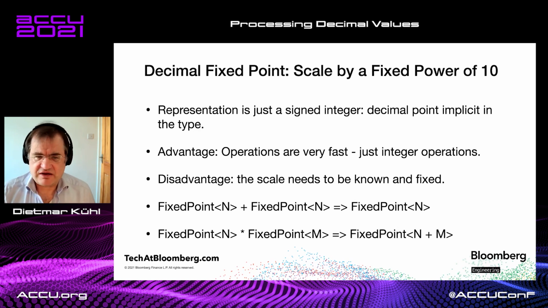becomes quickly an issue. There's a small other thing, and that is if you do computations, if you do multiplications, and you have 2 fixed points and you multiply them, you get a fixed point with the sum of the digits. There were some proposals to the C++ standard library which talked about fixed point.